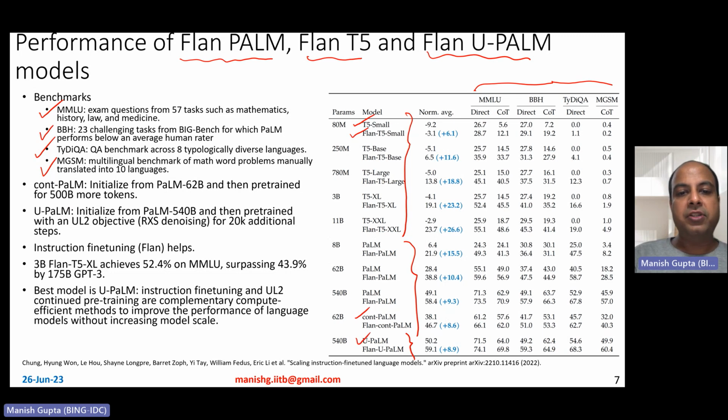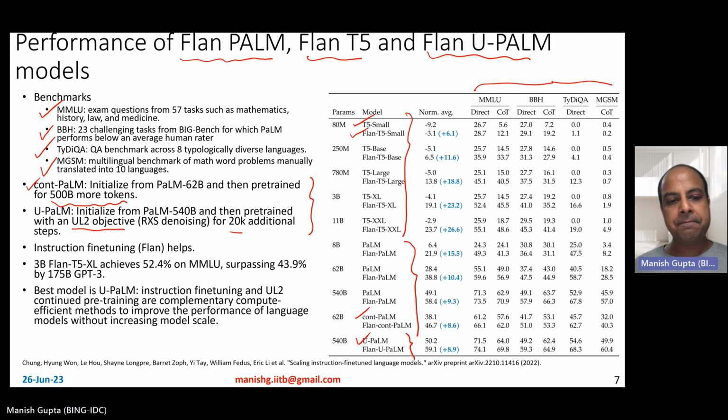They're variants of PaLM, which were initialized from the PaLM model, either the PaLM 62 billion model or the PaLM 540 billion parameter model. Then they pre-train further: continued PaLM is pre-trained on 500 billion more tokens, while the UPaLM model is further pre-trained for 20K additional steps using the UL2 objective, which is the R, X, S denoising objective, three different kinds of denoising.